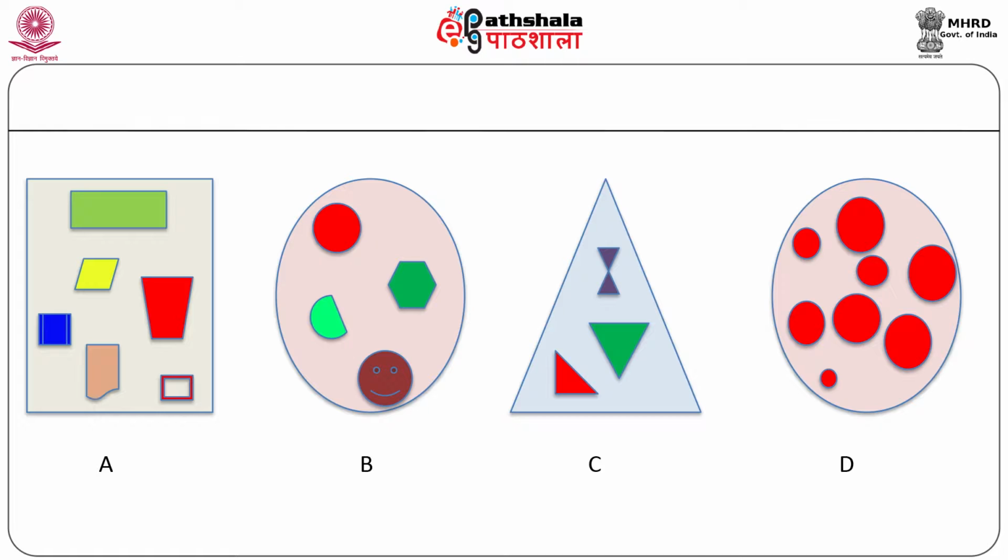Diagram D is an array and diagrams A, B, C are the structures, because these diagrams include different types of objects, but diagram D consists of only similar types of objects. Therefore D is an array and A, B, C are structure diagrams.